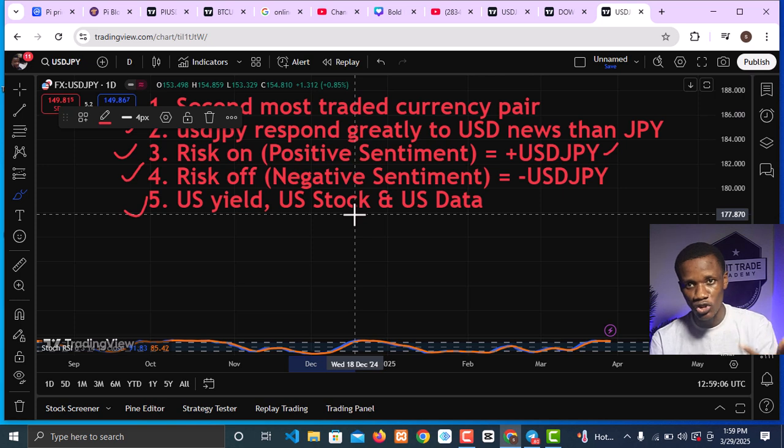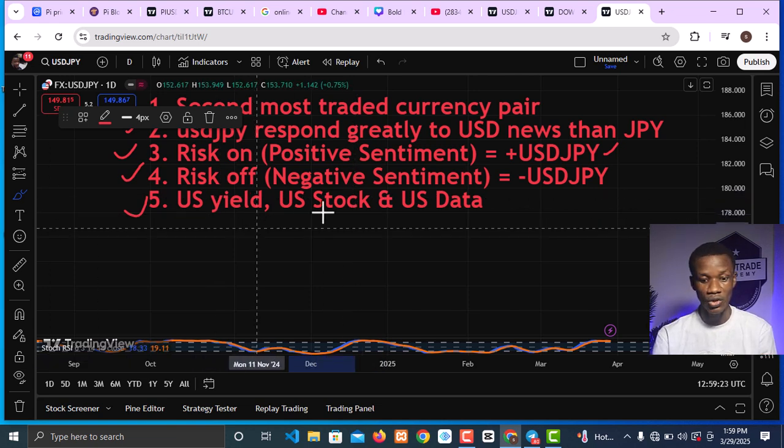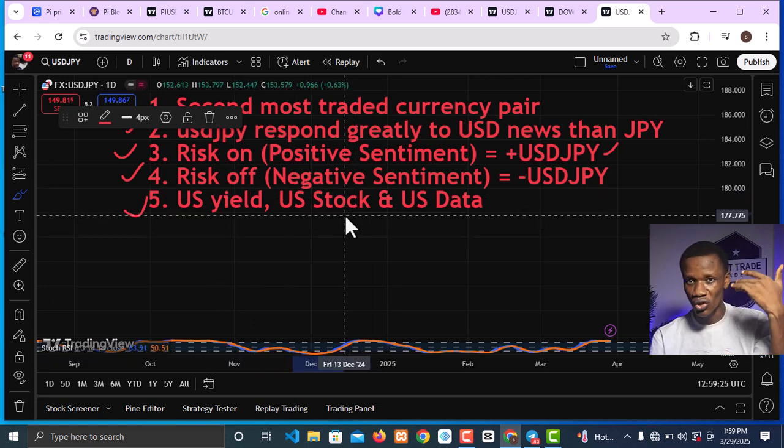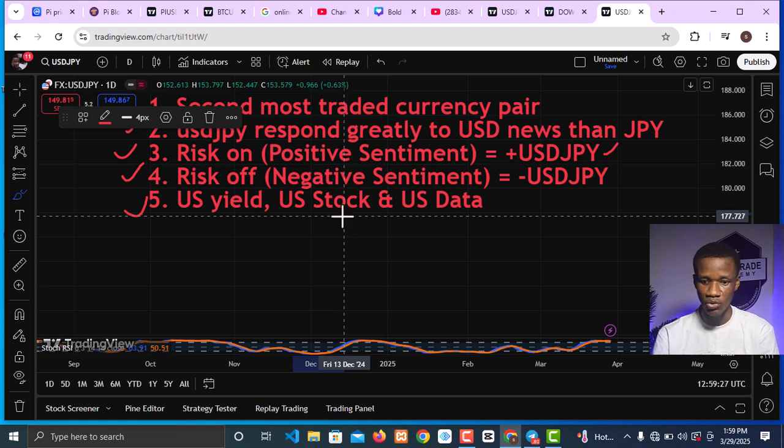Look for buy opportunity. Market is moving upward. The bulls are in the market, which means don't sell the market, especially in the long term. If you're a counter trend trader, you can sell the market. That is up to you. But on the long term, since the US stock is booming, don't sell the market. Look for a buy position upward for USDJPY, and this is very important.